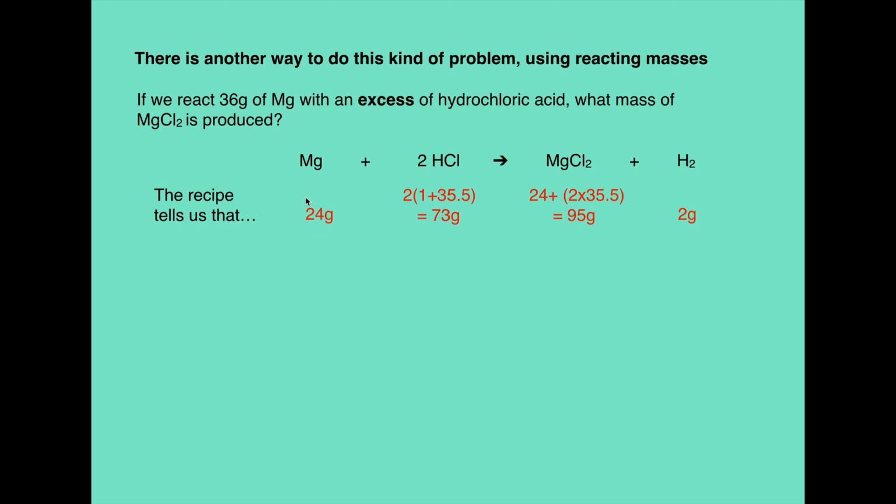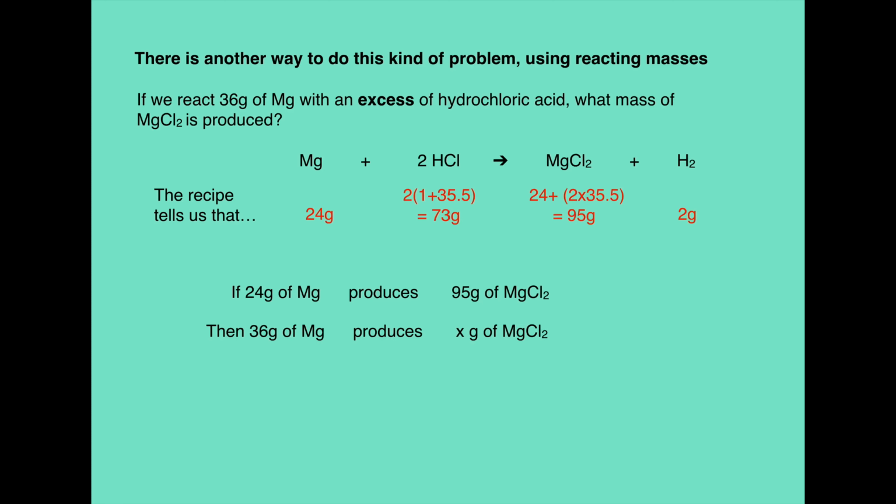But we haven't got 24 grams of magnesium, we've got 36 grams. 24 grams of magnesium produces 95 grams of magnesium chloride. So 36 grams of magnesium would produce X grams of magnesium chloride. 24, 95, 36, and X. It's a proportion, isn't it?